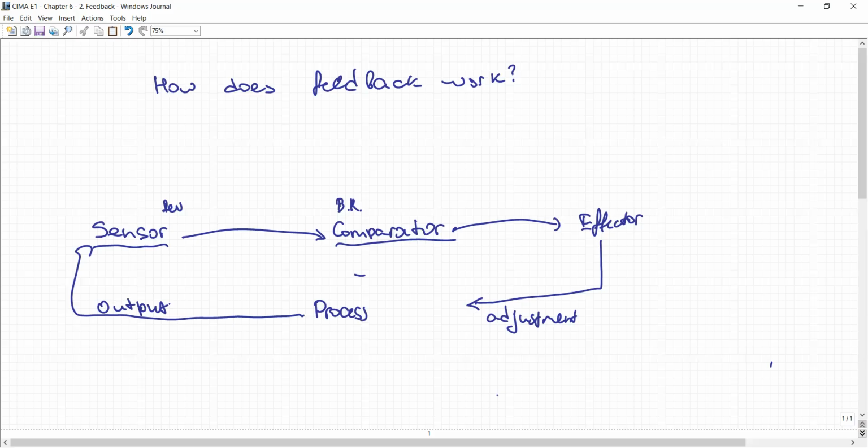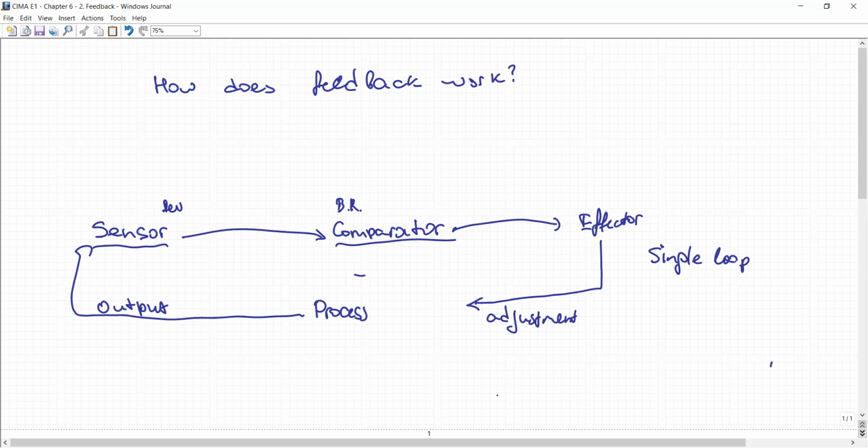For example, if the revenue increase is much bigger than is needed, then the effector is notified and maybe they will decide to lower the marketing spend and use that money elsewhere. And this is what we call single loop feedback. So that is single loop.